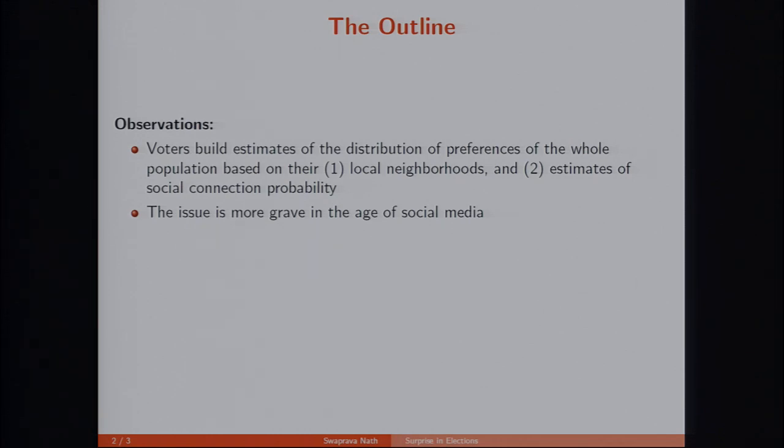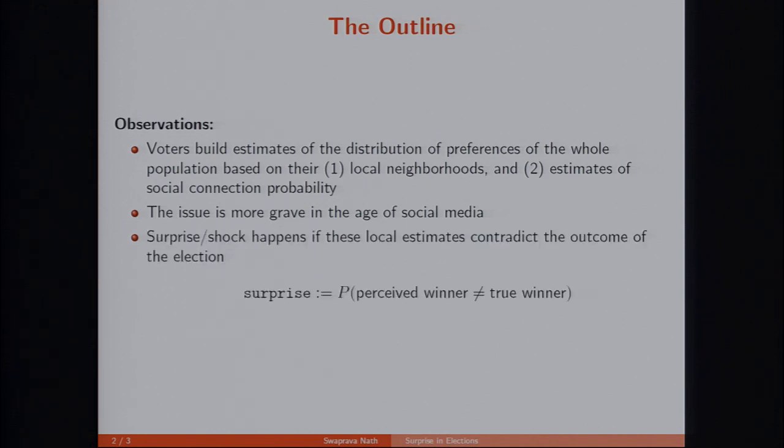So it's more likely that if I am a red node, I am more likely to be connected to a red node than a blue node, and things of that sort. And this issue is more grave in the age of social media, because in social media we typically have a lot of friends, and somehow we tend to believe that our local observation is representative of the global state.